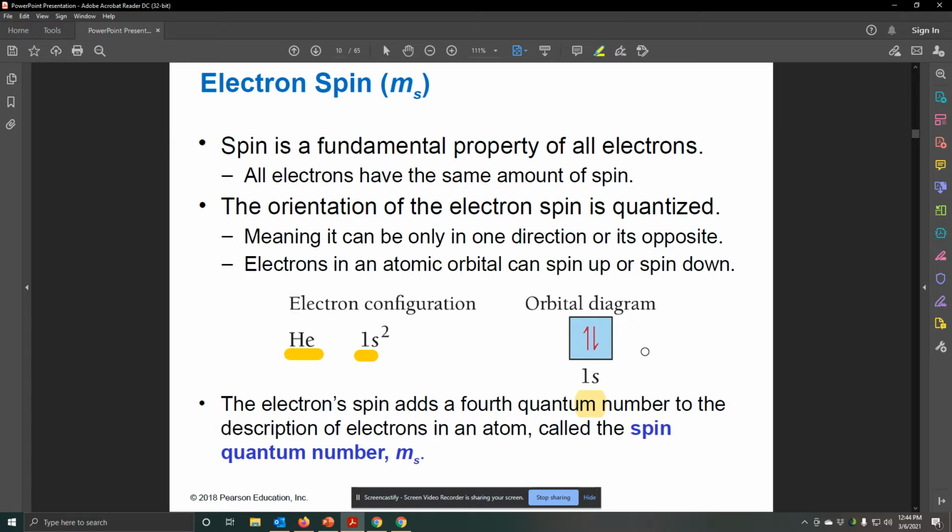Our spin quantum number was either +1/2 or -1/2. So you could say this one's representing +1/2 and this one's representing -1/2. These arrows are always going to be opposite of each other, which is the plus and the minus. And that's just because of it being stable that way.